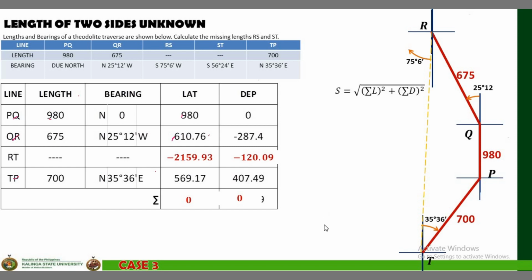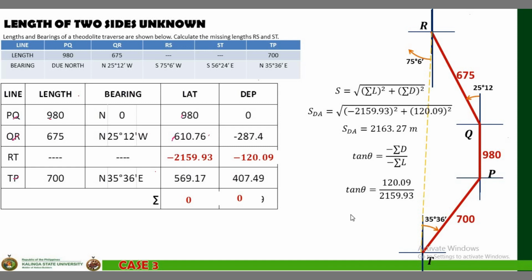So to get the length of RT, that is equal to the square root of 2,159.93 squared plus 120.09 squared. The length of RT is equal to 2,163.27.